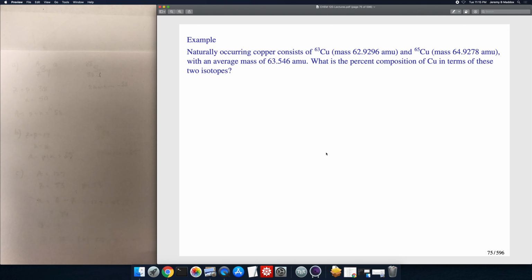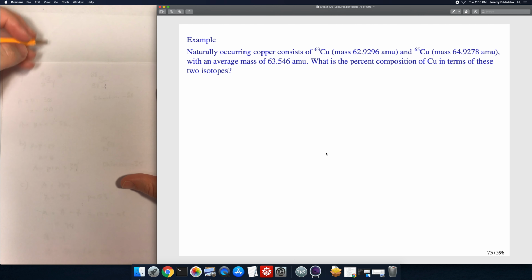They also tell us the average mass of copper, and then they ask us to find what is the percent composition of copper in terms of these two isotopes. So what they're asking you to calculate are the fractional abundances of the two isotopes. And so here's how you work out that problem.